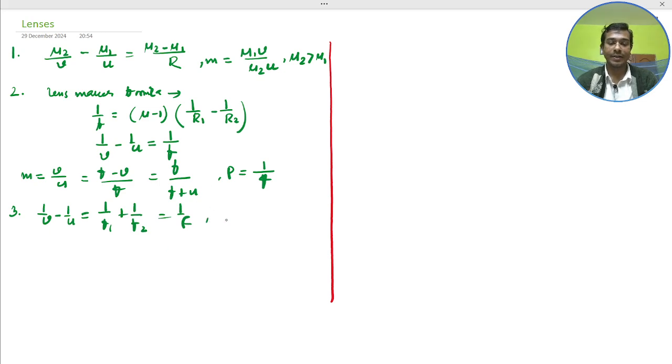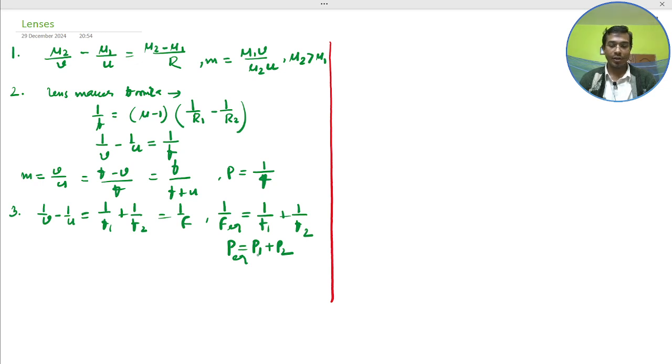Basically the equivalent focal length: 1 by f equivalent is equal to 1 by f1 plus 1 by f2, and the power would become P equal to equivalent power P1 plus P2.